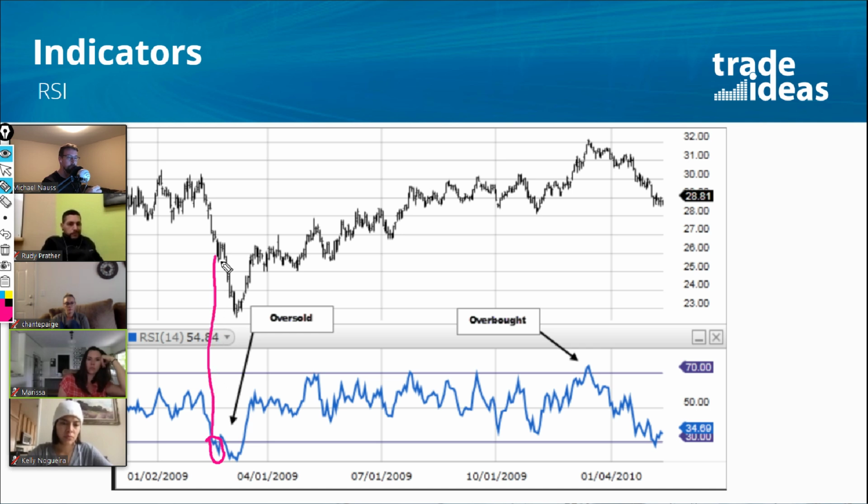So you would have lost this amount of money before a rebound. It also said you were overbought right here, right? So the stock would have continued to move higher. I don't know what happened, but it also said it was oversold here. So what's the value of even knowing about these things if I don't really agree with them too much?